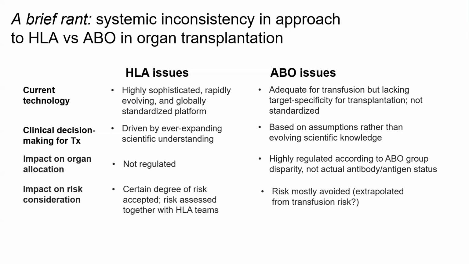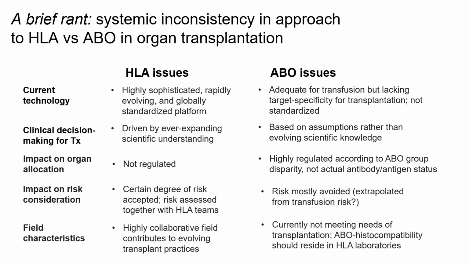And the impact on risk consideration is, I think, really important in the philosophy of what we do. We all know that transplantation involves risk, and we assess the risk, and we work together with our teams to assess the risk and come to some decision making. In contrast, for ABO issues, risk is, generally speaking, just avoided. And maybe that's extrapolated from transfusion risk.